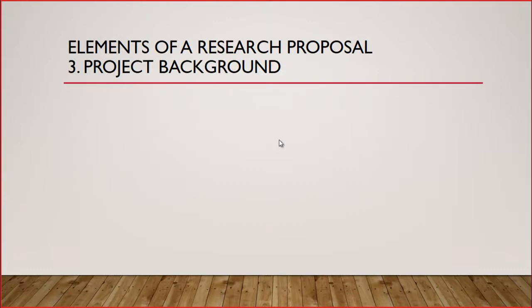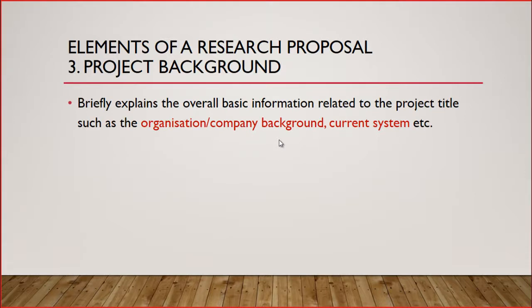Okay, next. The third element is the project background. Okay, I've read in the FYP guide that they say you have to explain and so on. So my take on this is that in the project background you briefly explain.